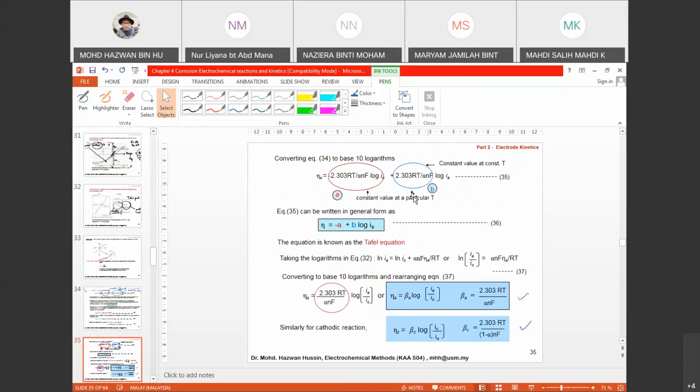So you have terms for eta A and also terms for eta C. If you simplify it, this is a simplification. Otherwise, you will write it in full. But since we can simplify it, we just say that beta A is equal to 2.303 RT over alpha nF. Then when you substitute it, it will be simple. So this is the Tafel equation, right?